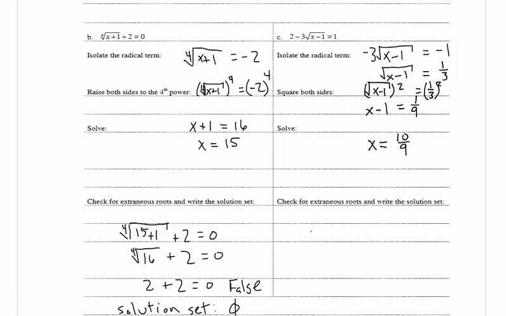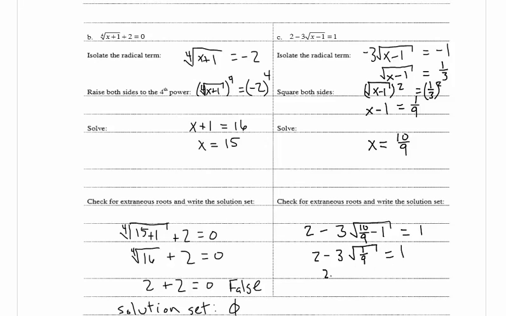So we're going to plug 10/9 back into our original equation, and we get 2 minus 3 times the square root of 10/9 minus 1 is equal to 1. And then we're going to simplify this. So we have 2 minus 3 times the square root. 10/9 minus 1 is 1/9 and equals 1.